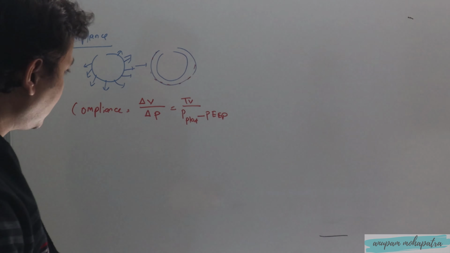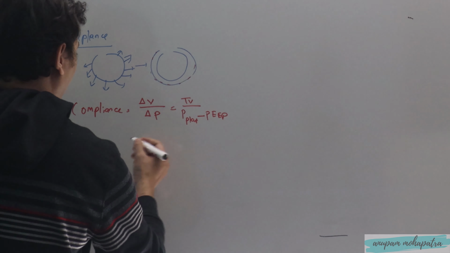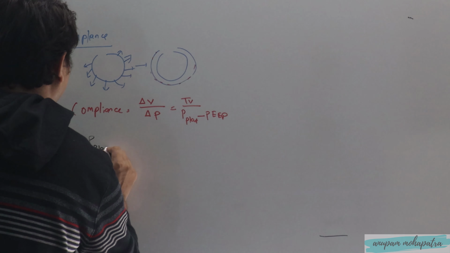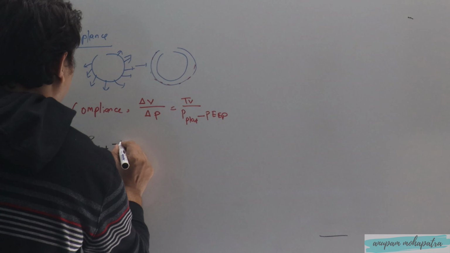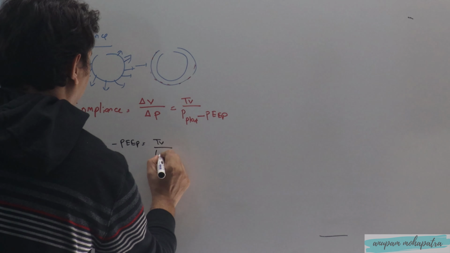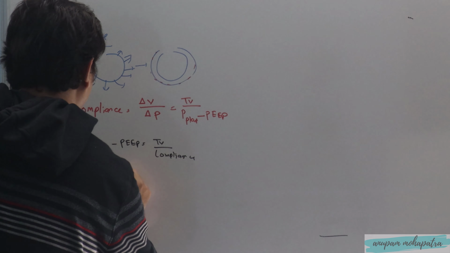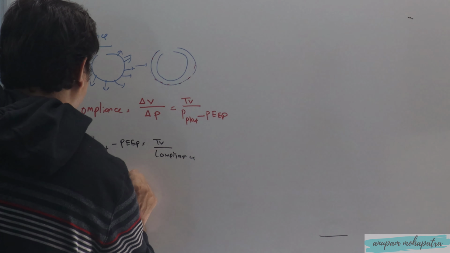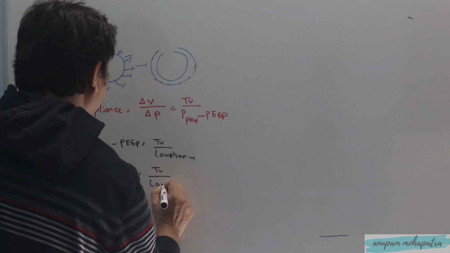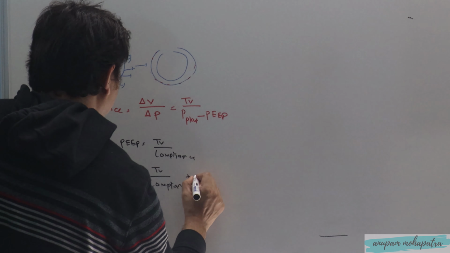So from here we can calculate P plat minus PEEP is equal to TV by compliance, or in other words, P plat is equal to TV by compliance plus PEEP.